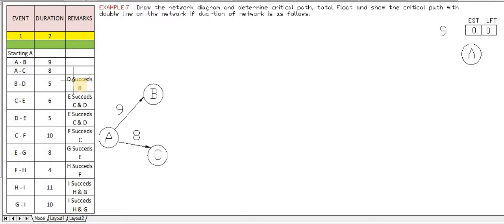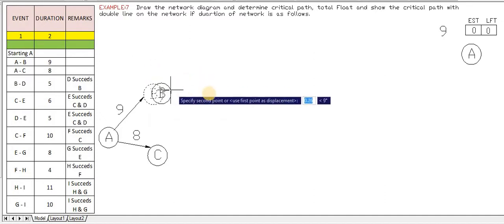Also we have to read what the remarks column says. D succeeds B, that means B is the previous point and D is the next point. So D succeeds B, that means D is the front point and B is the back point. B we have already drawn, and the next point is D. So we have to read the sentences also.